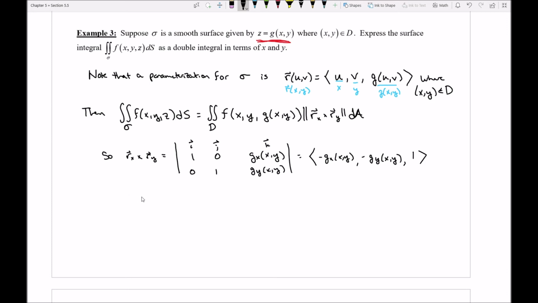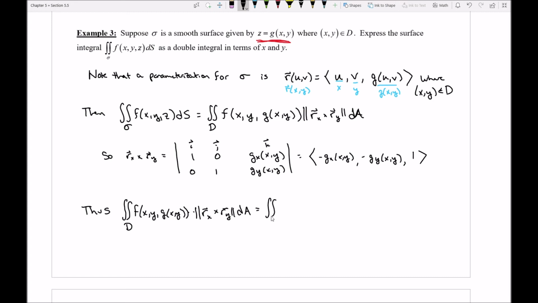And so the magnitude of the cross product could then easily be included when I convert my integral all the way down. My integral, which was f of x, y, g of x, y, is supposed to be getting multiplied by the magnitude of this cross product, dA.